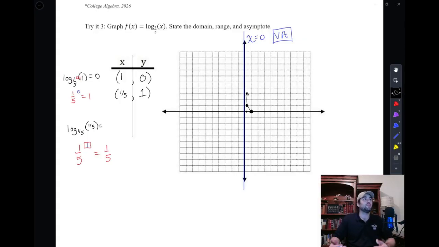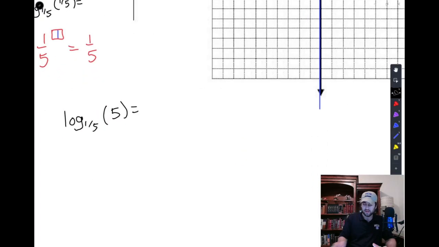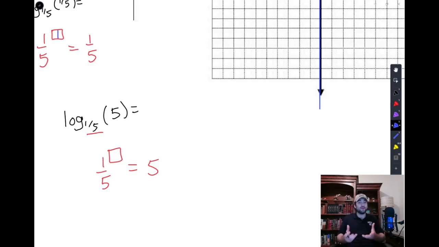And we probably need one more point, so I'm going to try 5. We'll say log base 1/5 of 5 equals. And again, that exponential function is you take the base and you write 1/5 to the what equals 5. And this is where our exponential properties are really important to master.